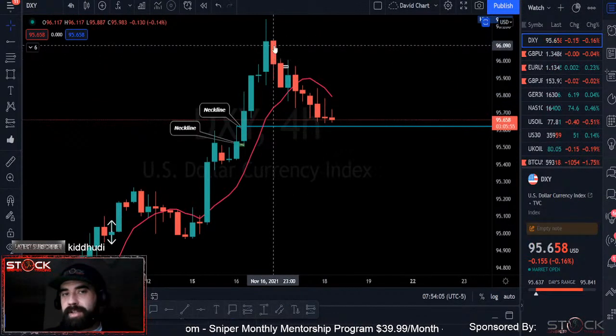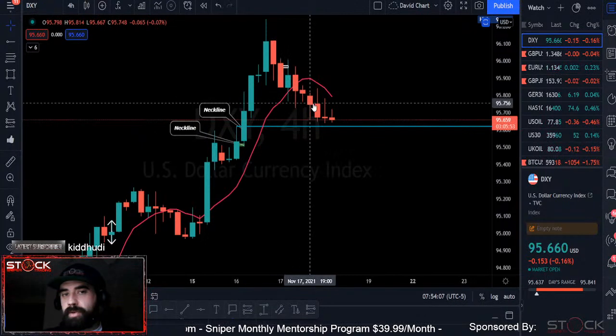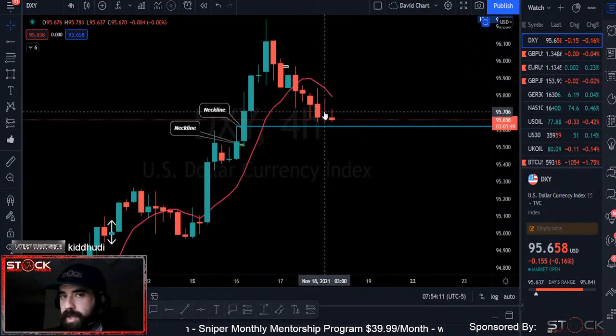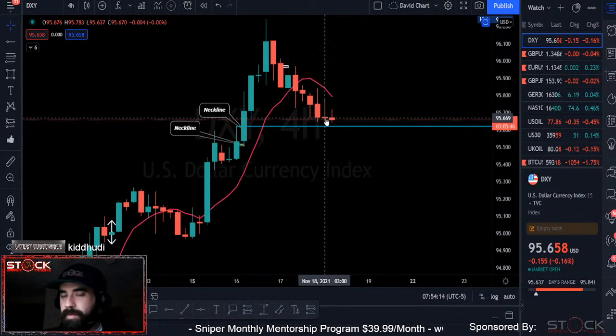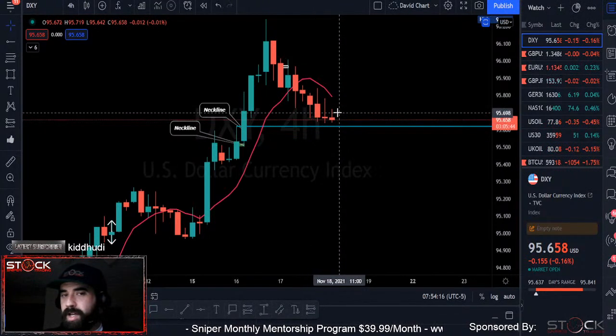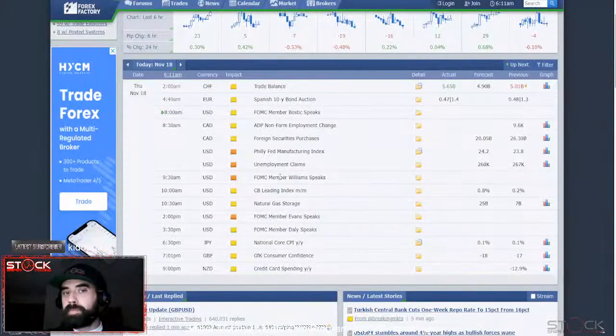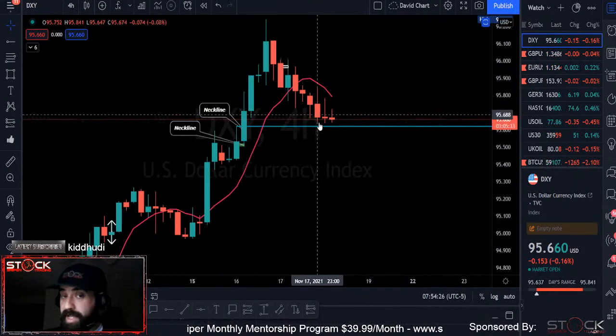They were volume based at the start, and now there's not much in the bodies. You can see it closing very soft, a little bit of indecision, not a big wick, not much push. But you watch, as soon as this unemployment claim starts to run, this DXY will go nuts.